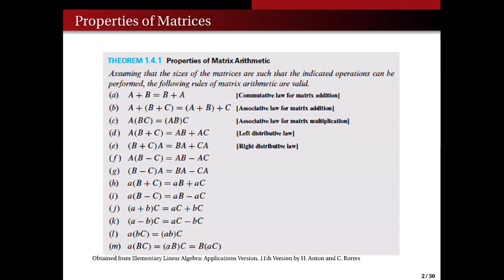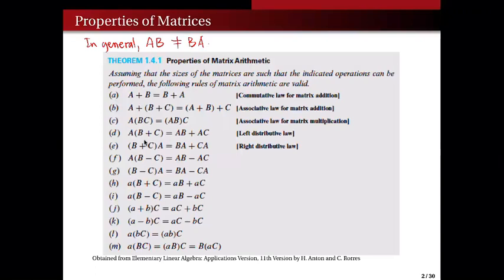I think I mentioned this in the last lecture, but anyway, I'll say it again. AB may not be the same as BA. In general, AB may not be the same as BA.